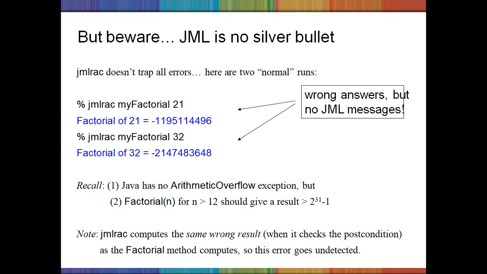So note, jmlrac computes the same wrong result when it checks the postcondition as the factorial method computes. So this error goes undetected. That means you should beware: even after writing the specification, there are still chances that you will find errors.